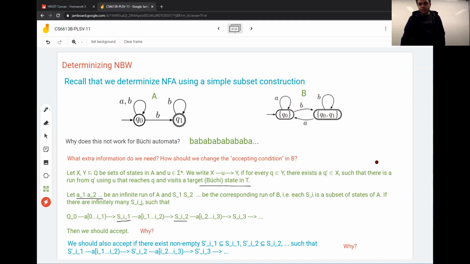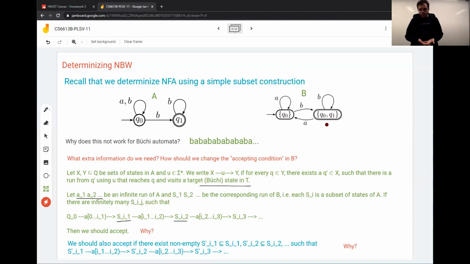Every time that I'm working in this subset construction, I'm basically keeping track of which vertices can be the endpoints of the path until now, right? So when I go i steps, what I'm keeping track of is which one of the states of my original automaton could be reached after these i steps on this word.